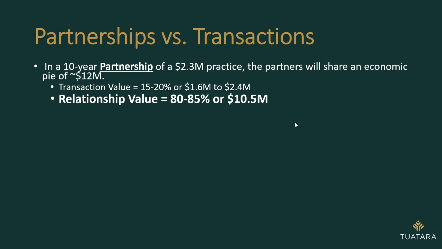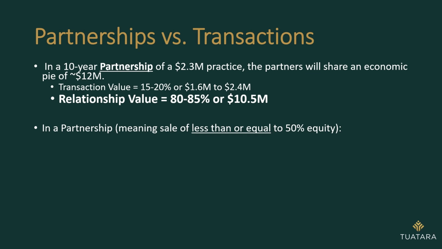And what we call the relationship value, or the ongoing income opportunity that the two partners have, will represent 80 to 85% of that overall economic pie, or greater than $10 million. We use that to help you keep your eye on the prize in a partnership. Even though the sale price of your practice equity, whether you're the buyer or the seller, is important, it is not the most important or meaningful thing inside of a partnership. And we think these numbers can help give you that context.